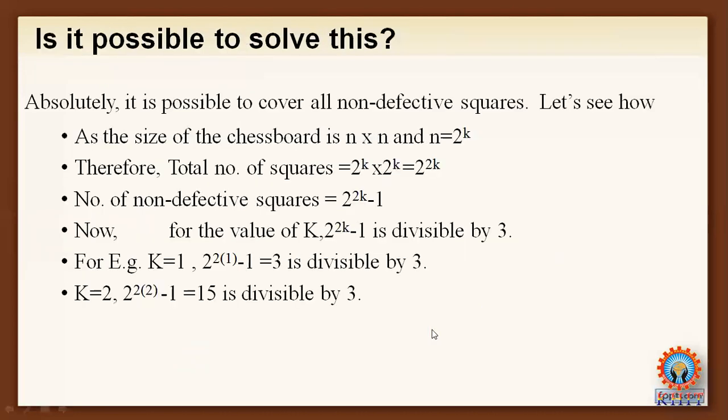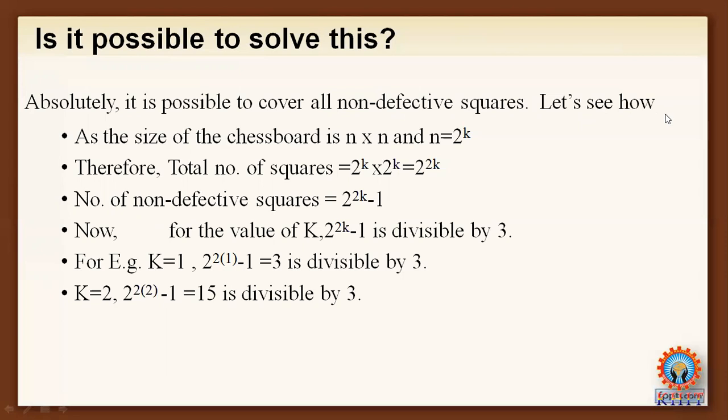Now let us consider, first of all, is it possible or not? Is it possible to solve the problem or not? The answer is that absolutely, it is possible to cover all non-defective squares. Now let's see how.